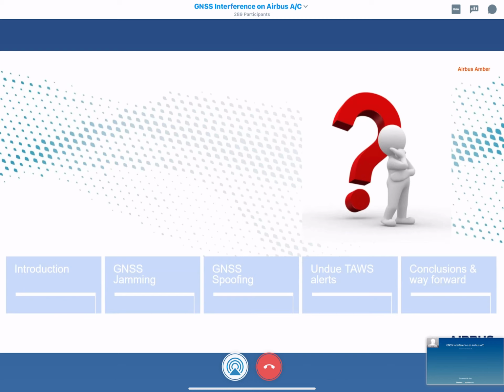Next question, could Airbus change the algorithm for TAWS not to rely on GPS altitude when GPS position is identified as spoofed and disregarded by ADIRS in order to avoid the false terrain alerts? I can take this one as well. There are currently some studies about improvement of the TAWS algorithms and TAWS input use to avoid these TAWS alerts.